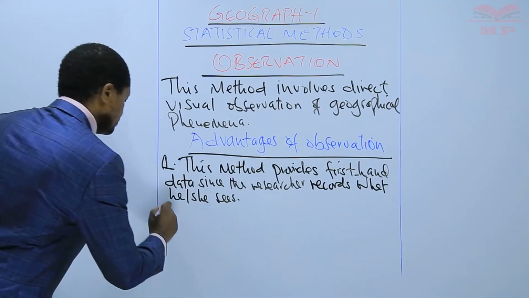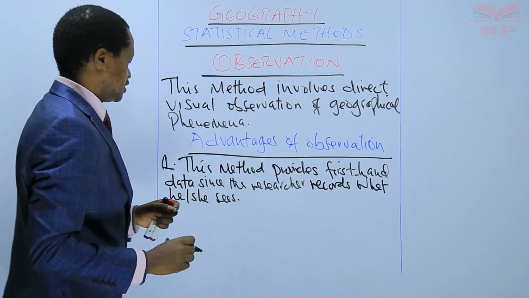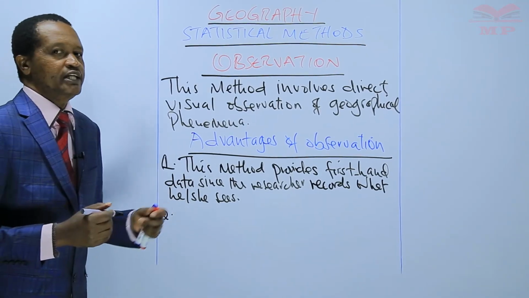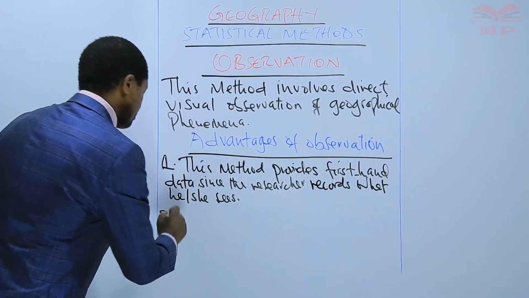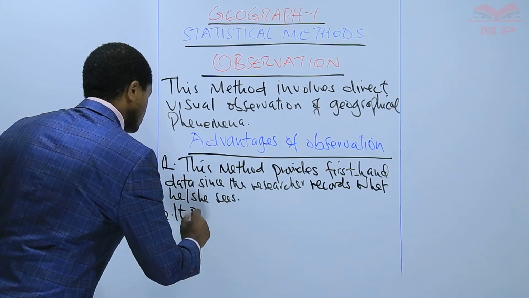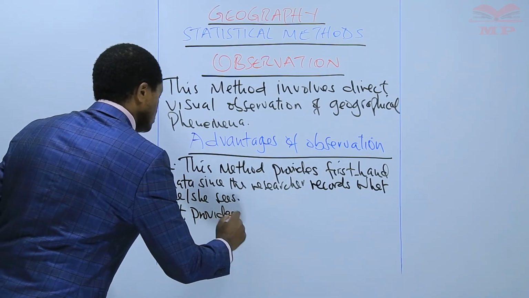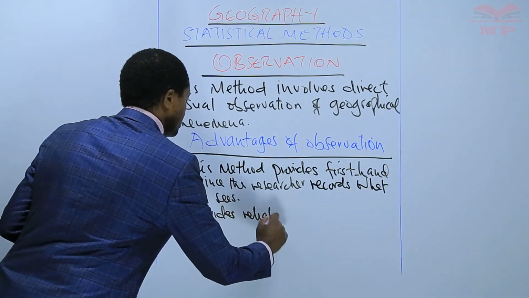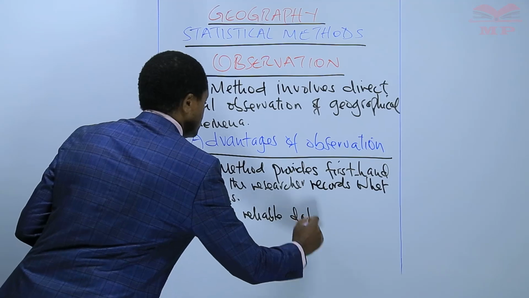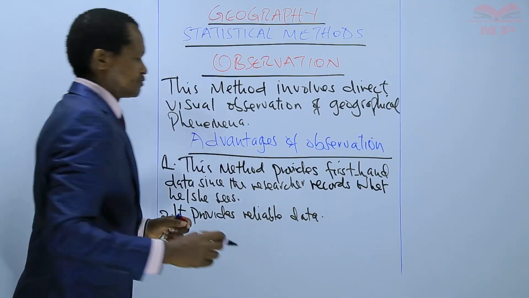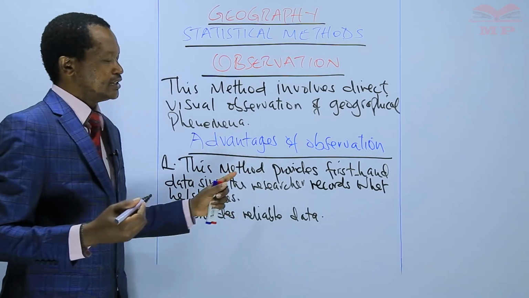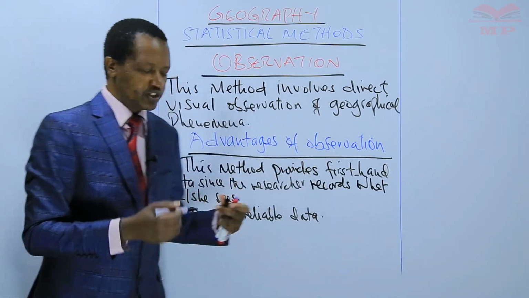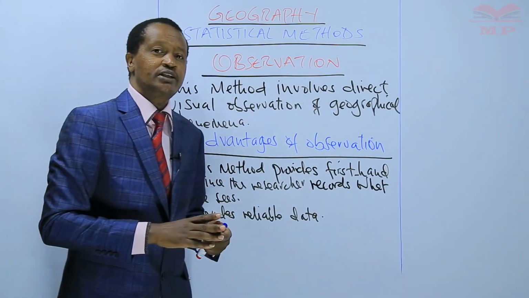Number two, learners, is that it provides reliable data. This method provides reliable data because as the researcher is looking for information, he knows exactly what he's looking for.